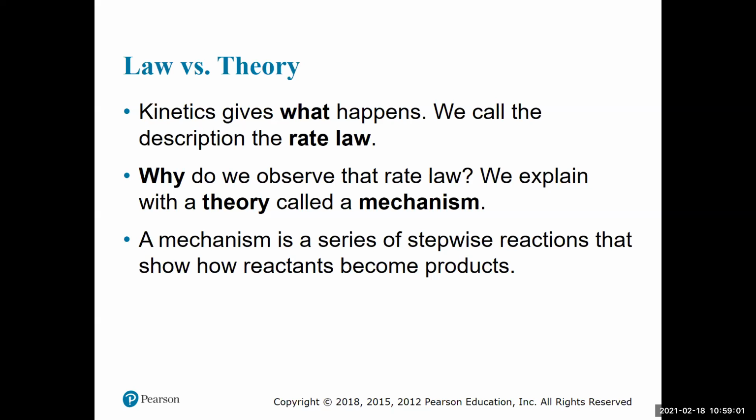Usually it goes through some other compounds before we get to those products. That stepwise process to get from reactants to final products, we call a reaction mechanism. There are intermediate steps in there that make up the mechanism, and we're going to talk about what we mean when we talk about steps in the mechanism.